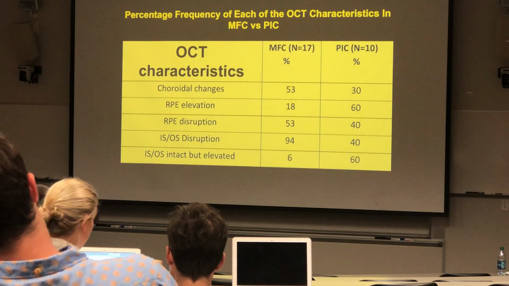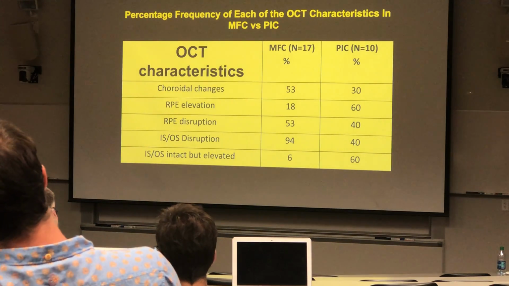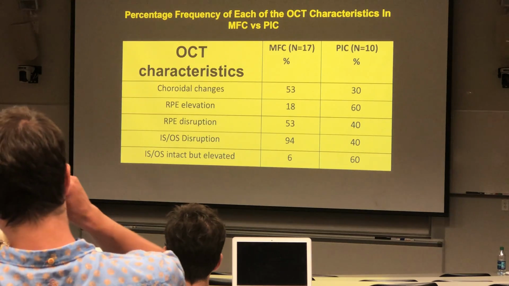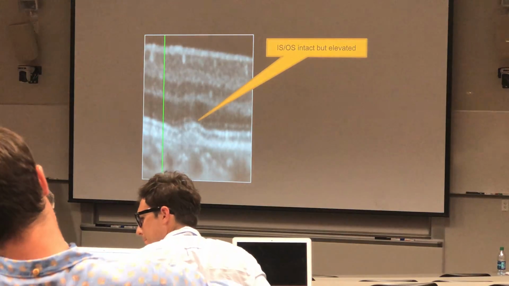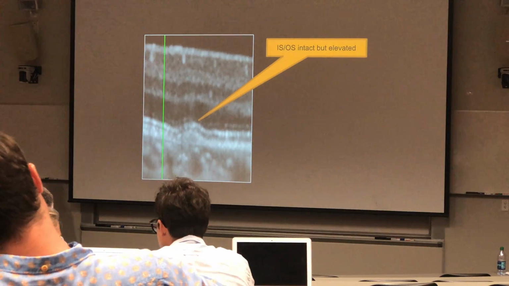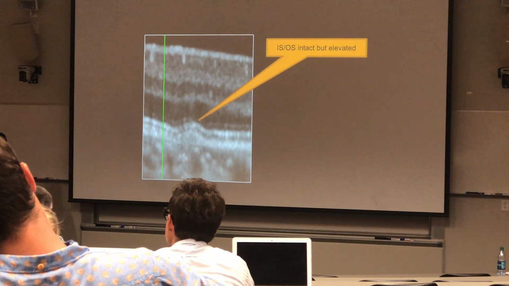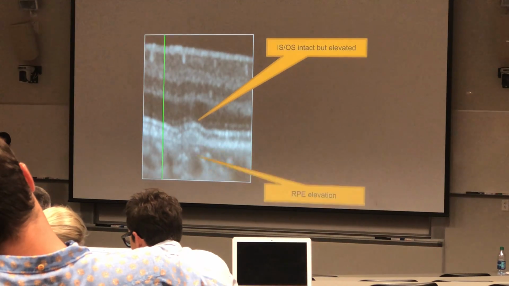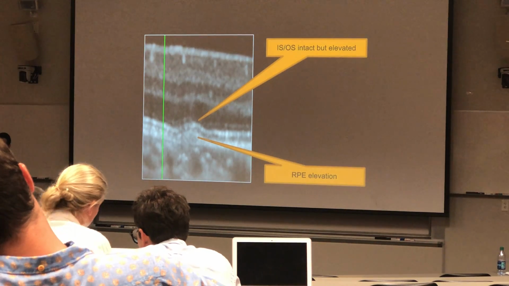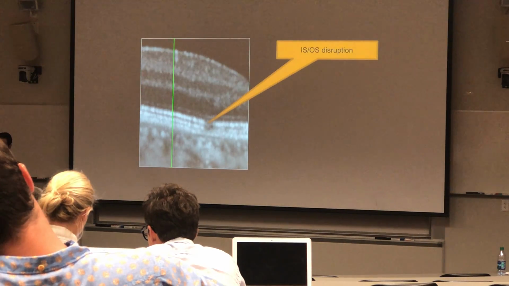Similarly, we see that the ISOS is intact but elevated in most of the PIC lesions that we see. This is an example of ISOS, which is nowadays called ellipsoid zone, which is elevated but intact. The RPE is slightly elevated as well.